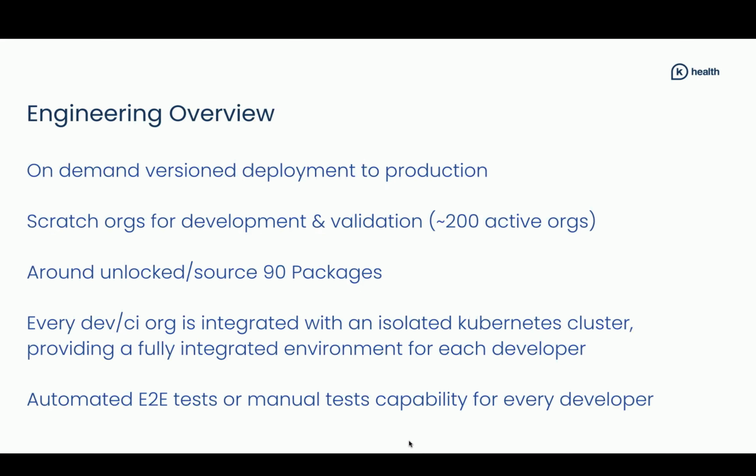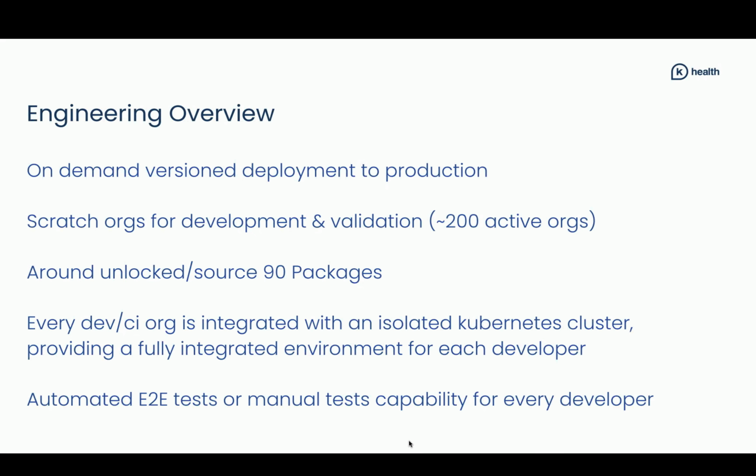And a bit of engineering overview. This is the current state, and I will go into some details on how we got to this point. We have what is called on-demand version deployments to production. Each deployment to production has its specific version built, a complete organization built.